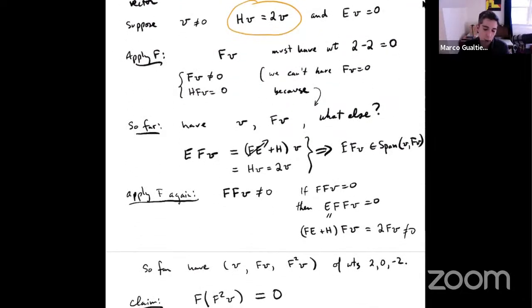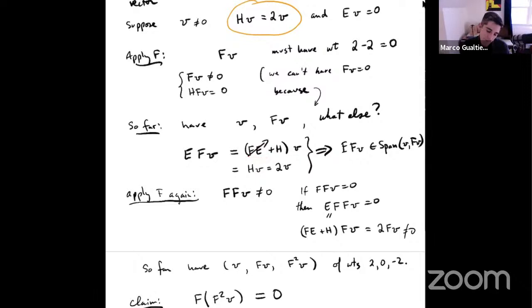It seems like a weird thing, but this is a good way of proceeding. So EFV is FEV plus HV. That's the commutation relation for E and F. But we know that V is a highest weight vector, so this thing does not contribute because E is acting on it. This is just a product of matrices, basically.